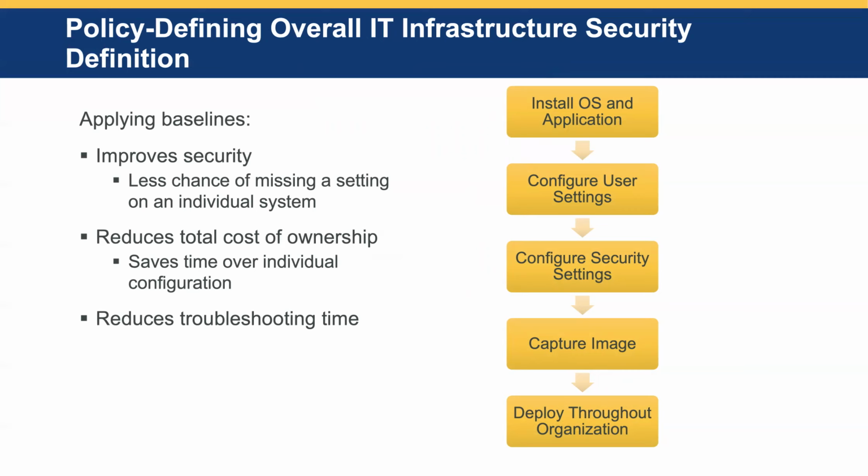The overall process involves installing the operating system and the application, configuring appropriate user settings as needed, and configuring appropriate security settings. We'll capture images and we'll deploy those settings throughout the organization.